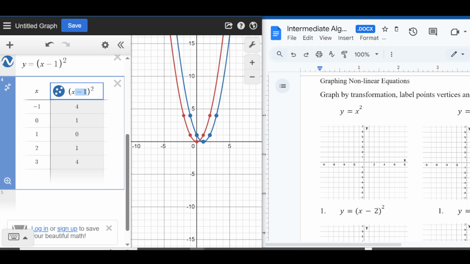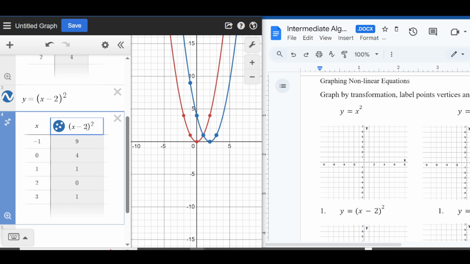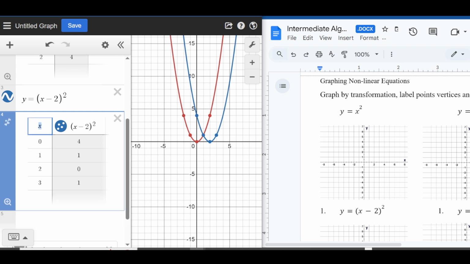So let's see what happens when you graph the -2. So let's put in a -2 and see what that graph will look like. And there's our graph. Okay. Looks like we're getting a 9. 9 is okay, but I'd rather maybe go 0, 1, 2, 3, and maybe one more. So let's delete this point right here. We don't need that. And I want to put in x is 4, and so we'll get an output of 4.